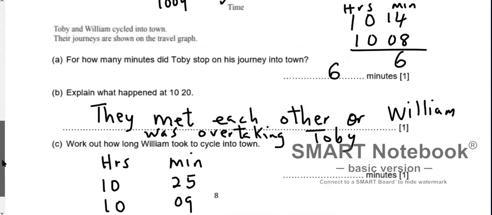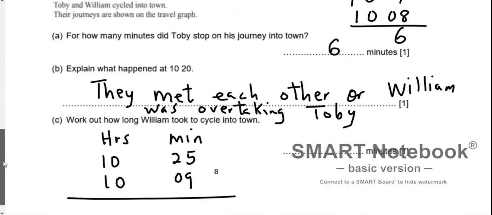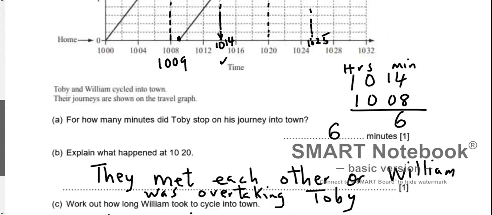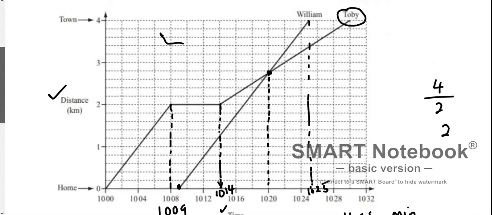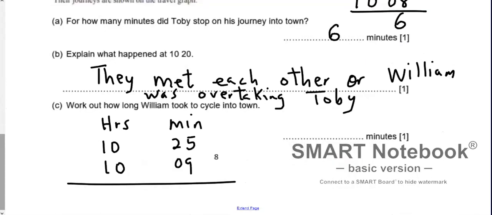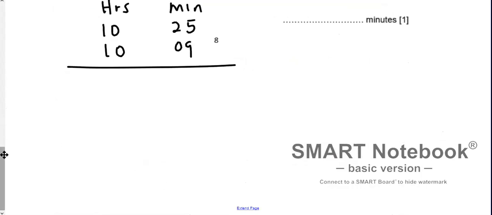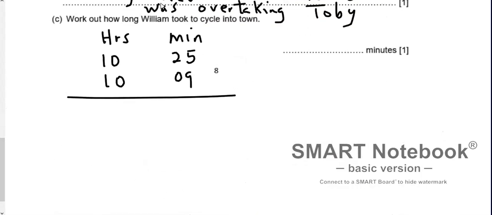Okay. So to work out how long William took to cycle into town, you take the difference. Now, what is this difference? Let me try to calculate. 25 minus 9 will be 16. So 16 minutes.